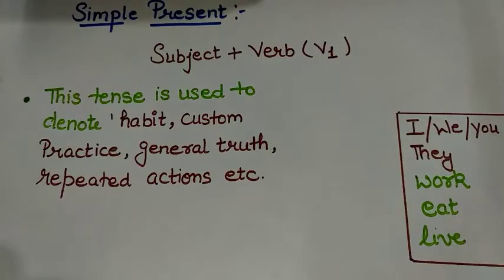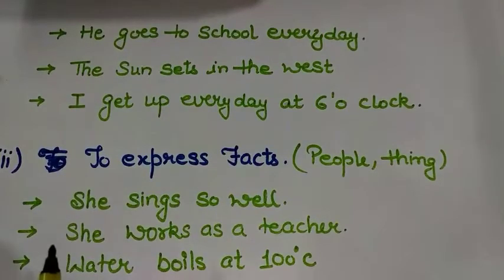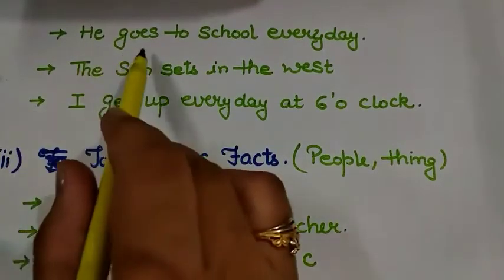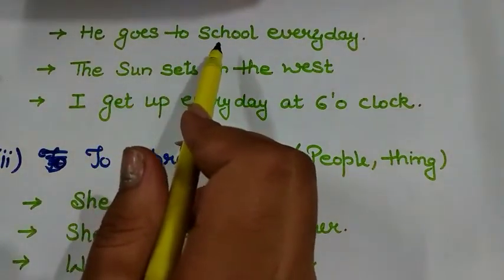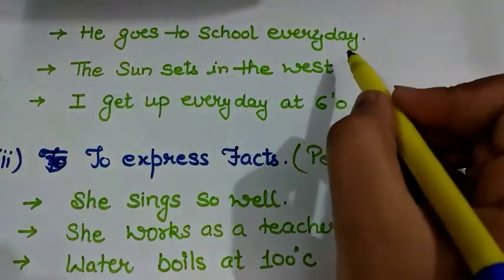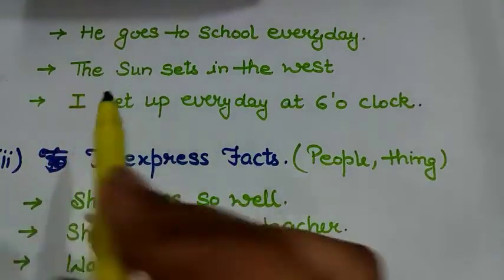So let us see a few examples where these things like habit, custom, truths and repeated actions are taking place to understand it in a better way. Here are a few examples I have written. See, he goes to school every day. It's a routine action and the boy is doing it regularly.